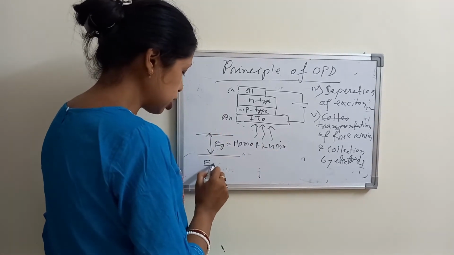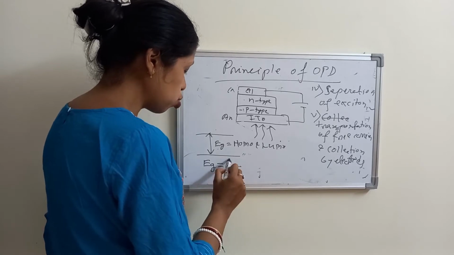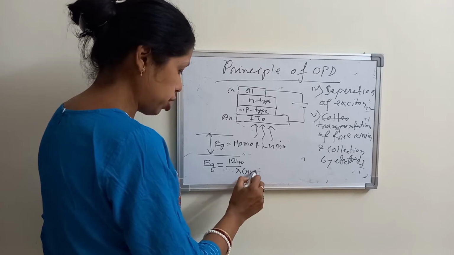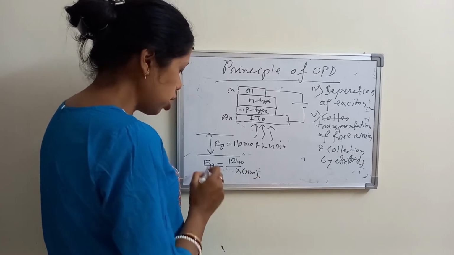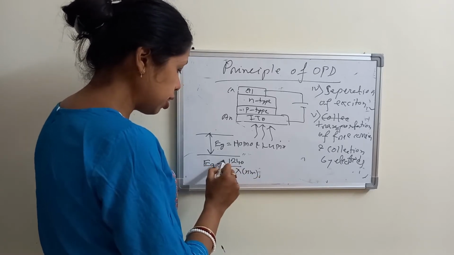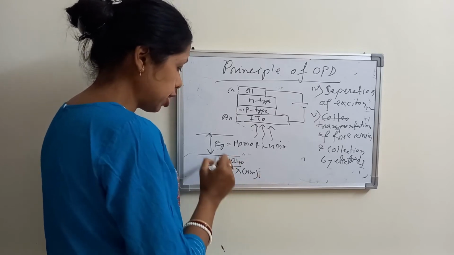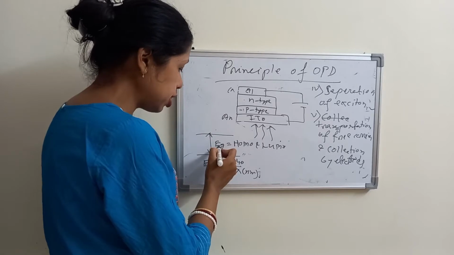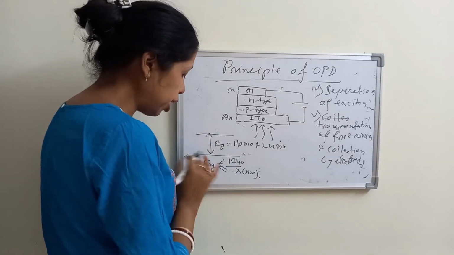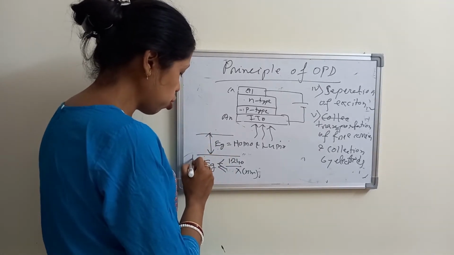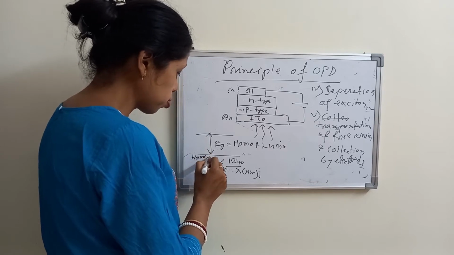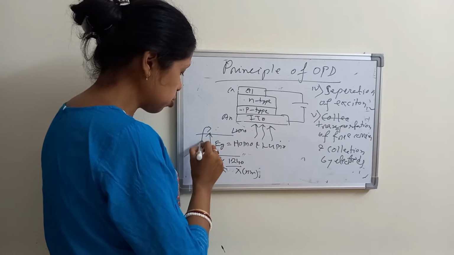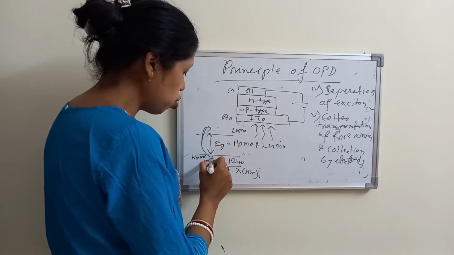All of you know, Eg is equal to 1240 by lambda, where lambda is in nanometers. So the photon energy should be greater than or equal to Eg. If we apply energy more than this band gap, the electron will transfer from the HOMO level to the LUMO level.